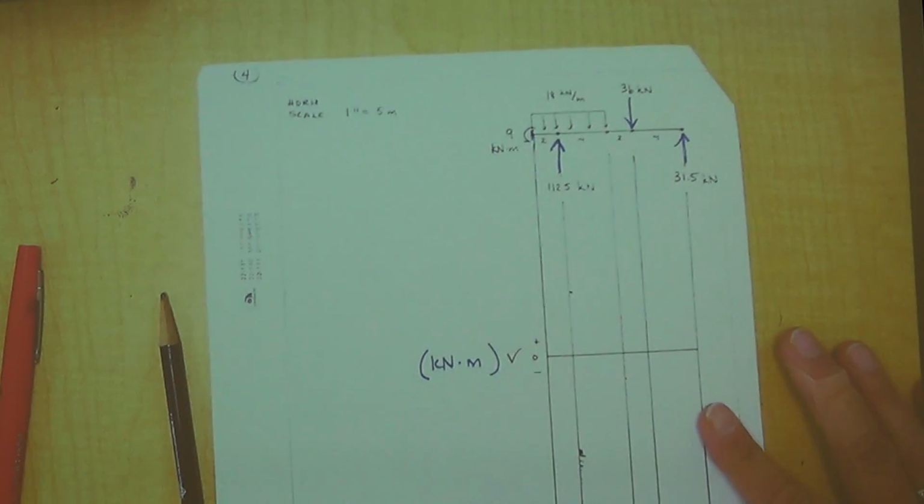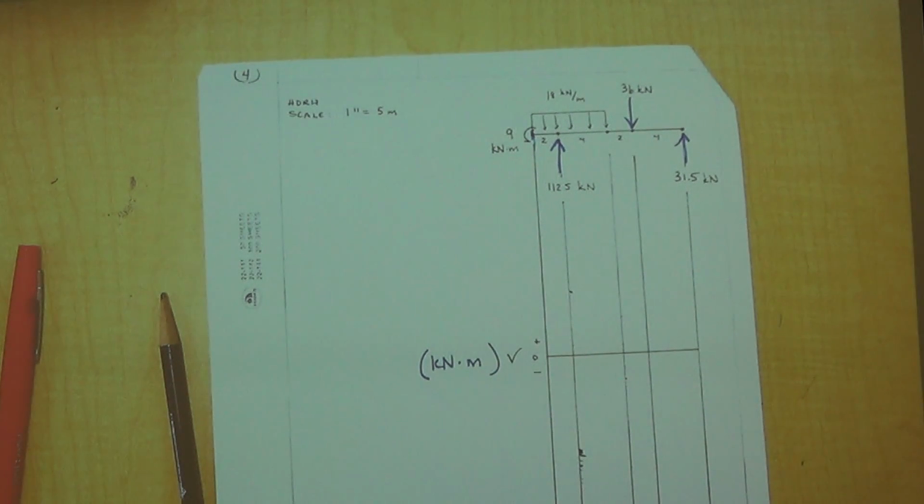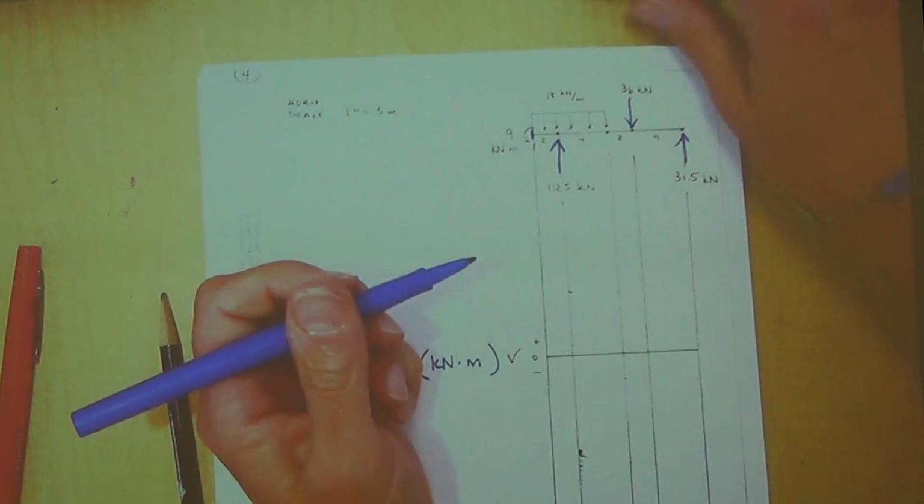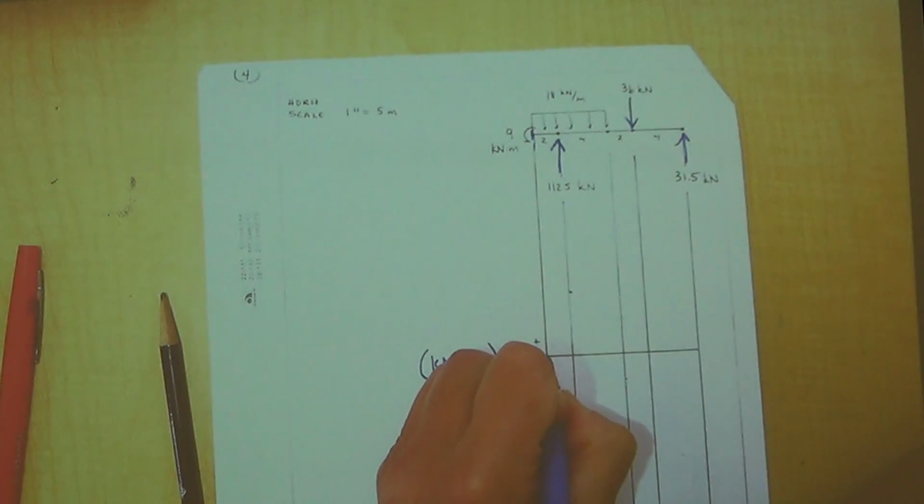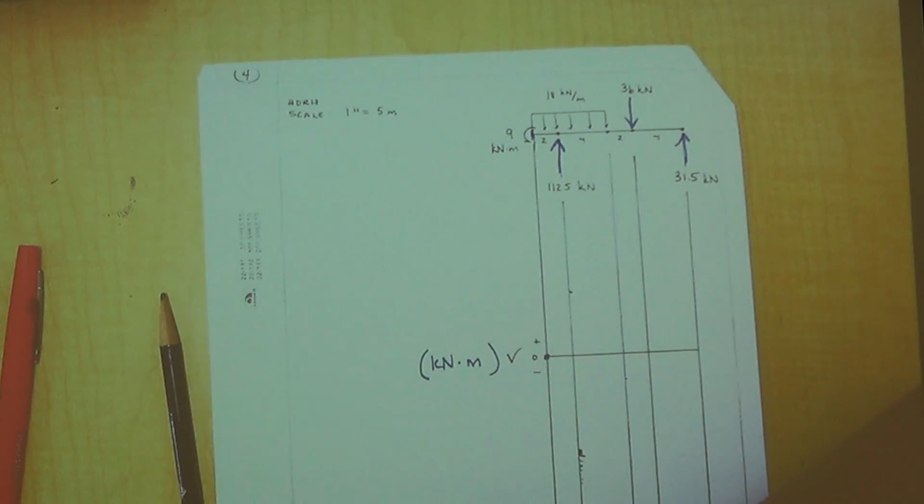Okay, Aaron, you wanna do the first? Page 4. So we start at 0, then we have a distributed load, right? 18 times 9, it looks like? Or is that, no, that's a moment, huh? Right. Okay, so 18 times 1, so 18 kilonewtons.